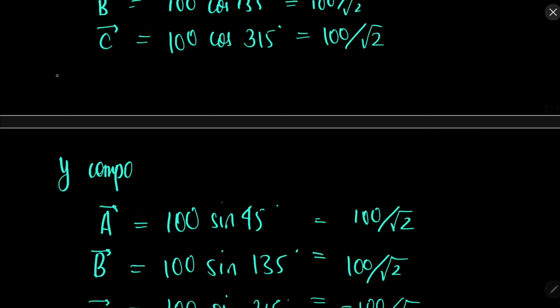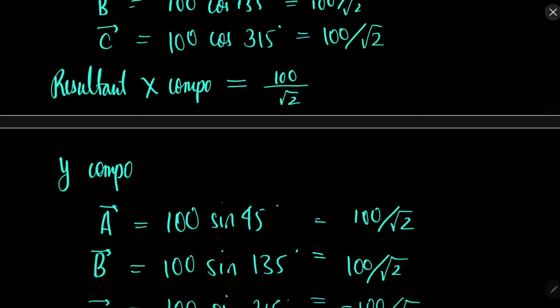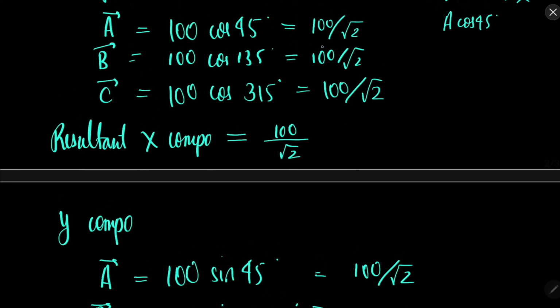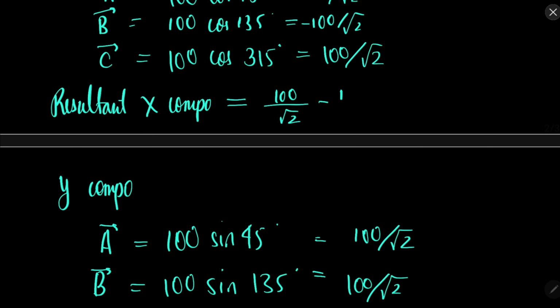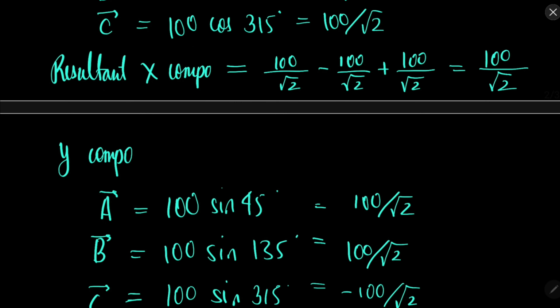Now what will be the resultant in the x-axis? The resultant x component, we need to add all of these, so it will be 100 upon root 2, then minus 100 upon root 2 plus 100 upon root 2, so this will give us 100 upon root 2 as the answer.